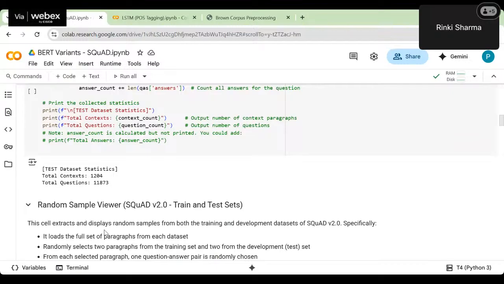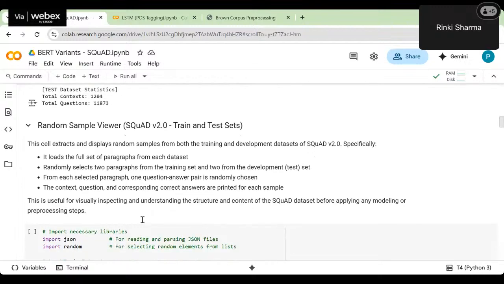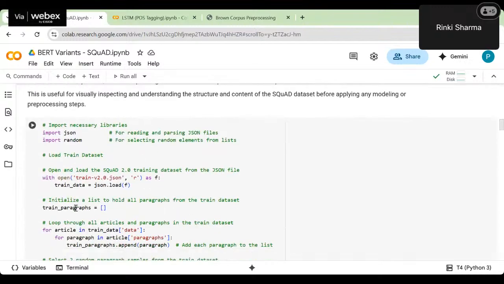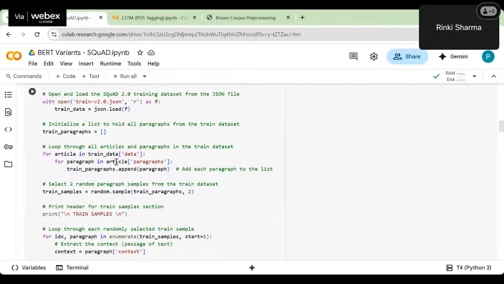Now after counting the contexts and the questions from both the training and testing datasets, we will come to the part of how the data looks. Here we load our training file, and from the training file we choose any random data in the dataset.